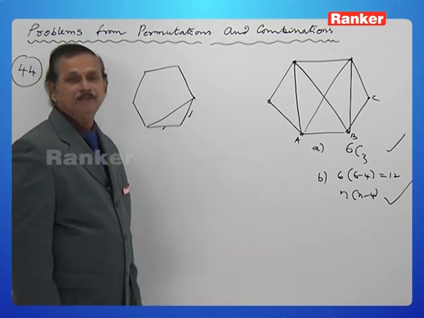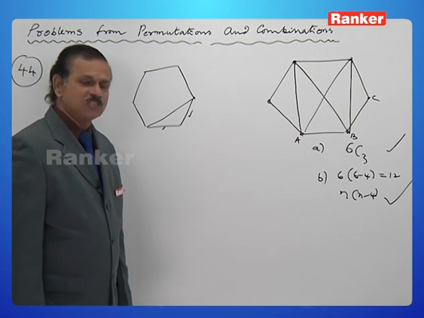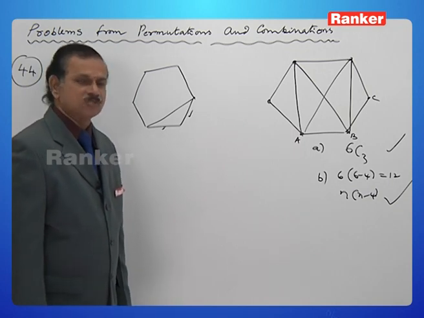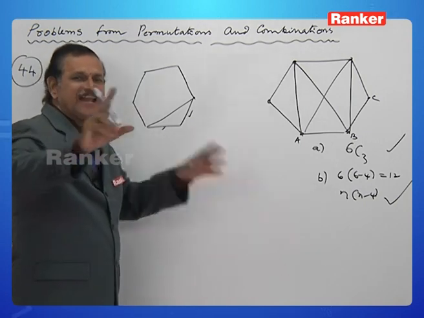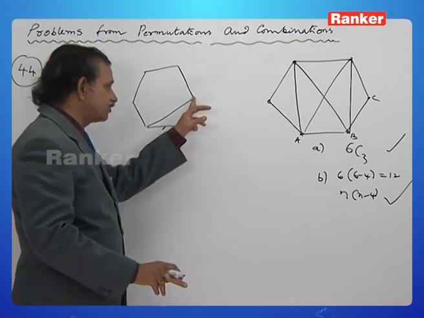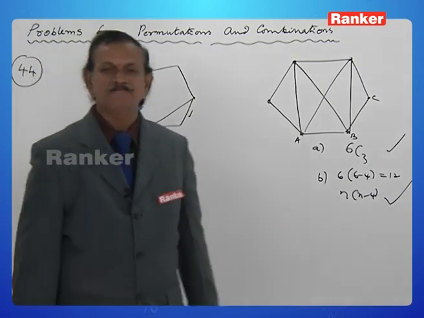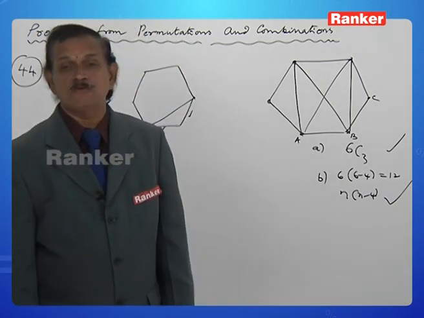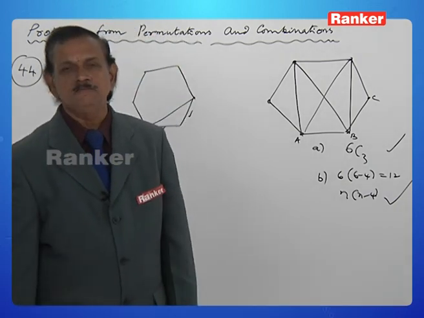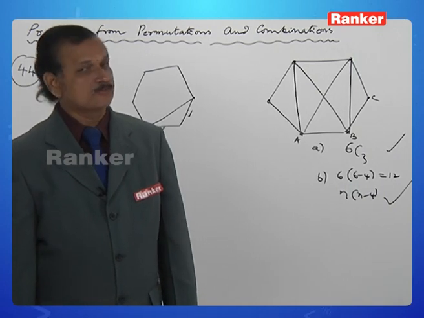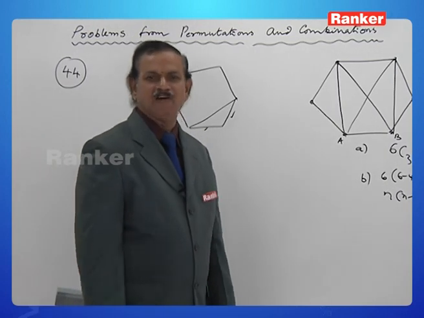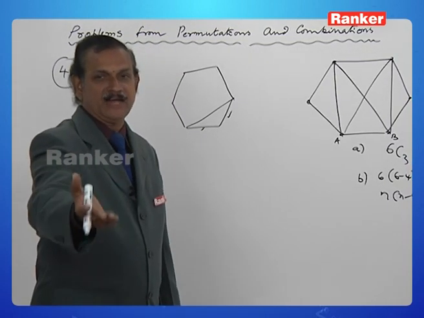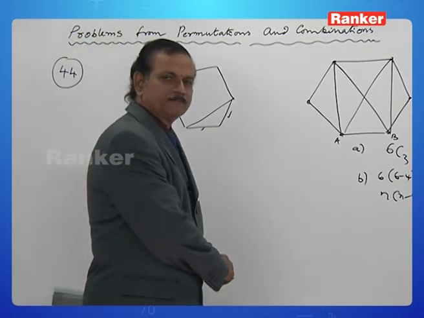To have such triangles in which 2 sides are common, it is just enough to select 3 consecutive vertices. If you can choose 3 consecutive vertices, you are going to have a triangle of that sort that has been explained in option C.